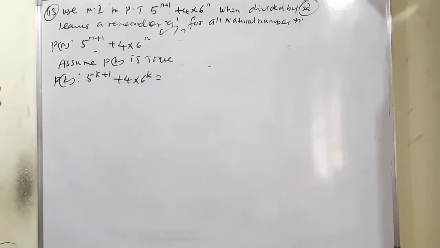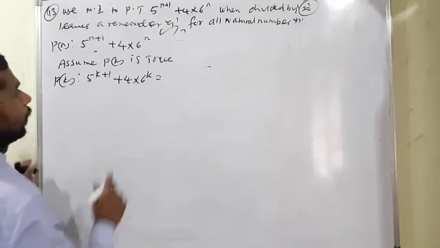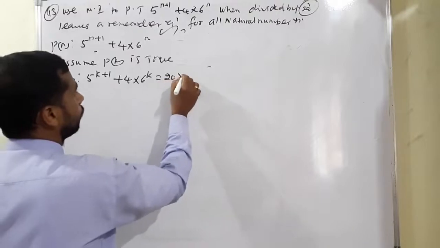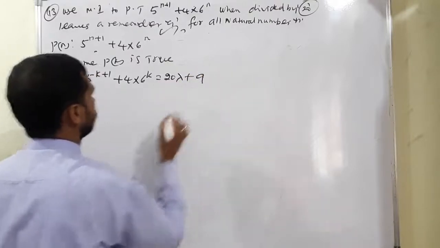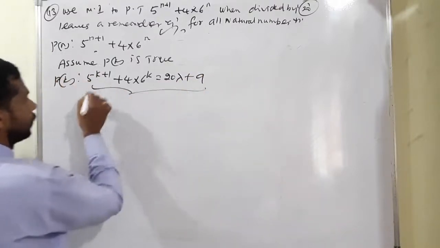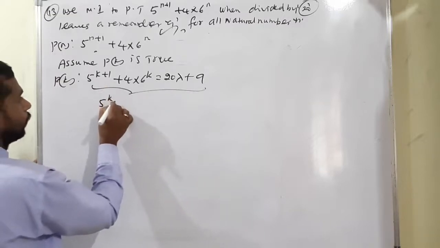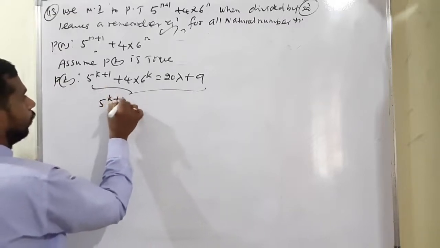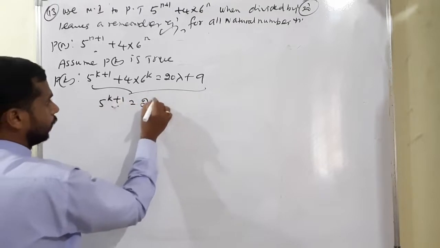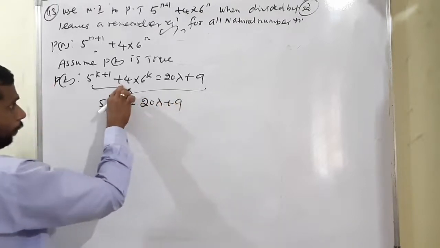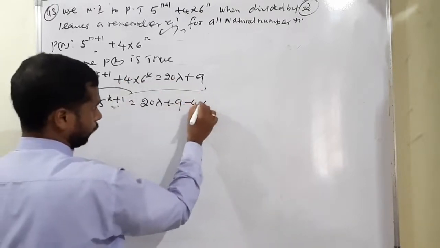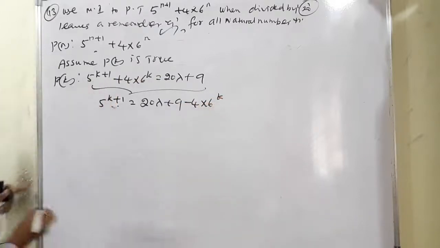This is what is the meaning. So divided by 20 means we can write it 20 lambda, remainder also plus 9 is there. So from this whole concept, we can write 5 to the power k plus 1 is equal to 20 lambda plus 9, and 4 brought to the opposite side means minus 4 into 6 to the power k.